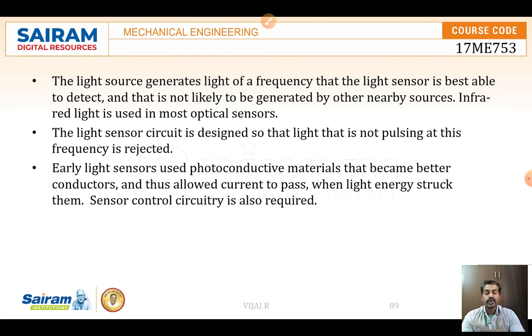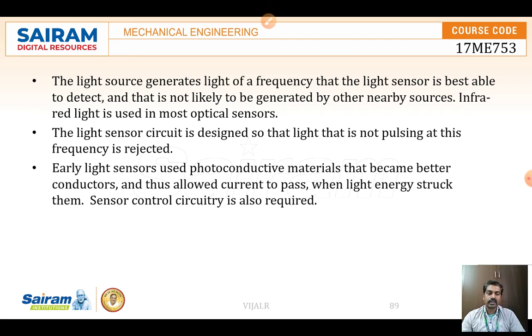This is somewhat different from the photovoltaic emission we studied, where it detects when light falls on it. Here, with the help of light, we send some light through the sensor, it will hit and return back, just like what we see with ultrasonic waves. Every light sensor uses photoconductive material that becomes a better conductor, so it allows the current to pass when light energy strikes it.